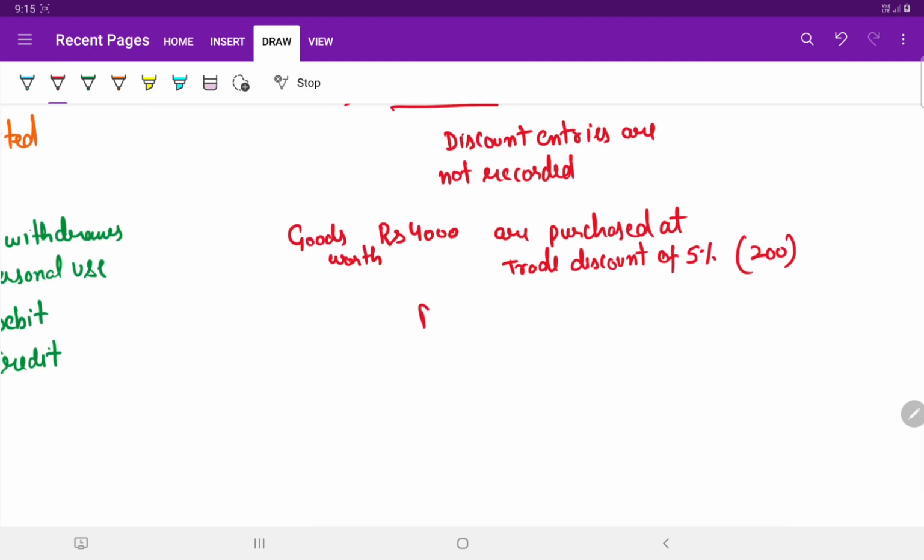Then for these, the purchase account will be debited for rupees 3,800, whereas the cash account will be credited for rupees 3,800. Now in the description we are writing 5% trade discount.